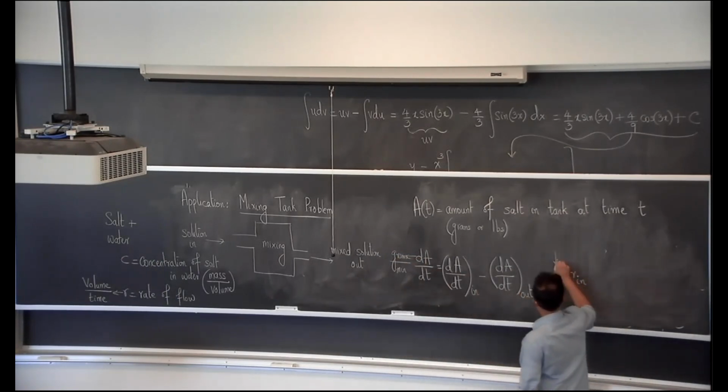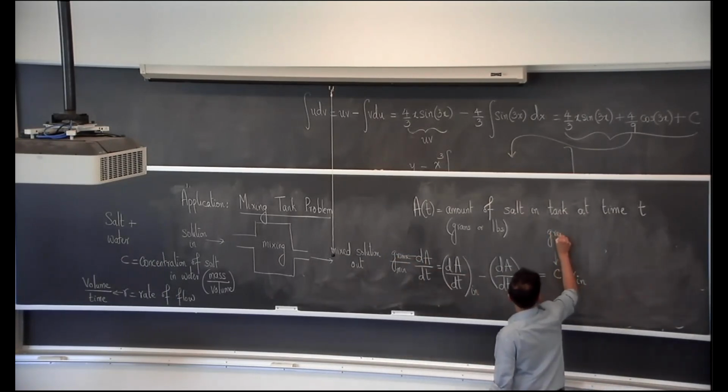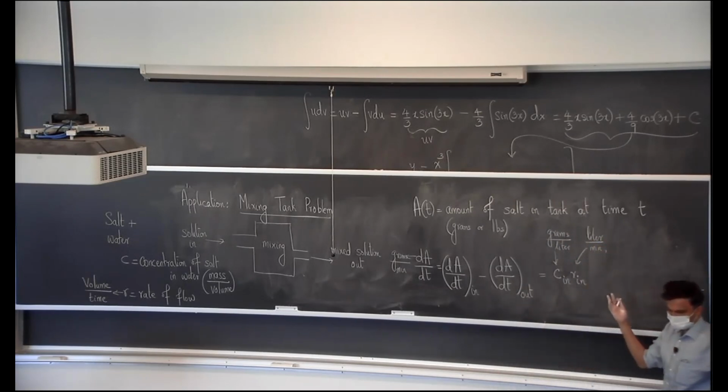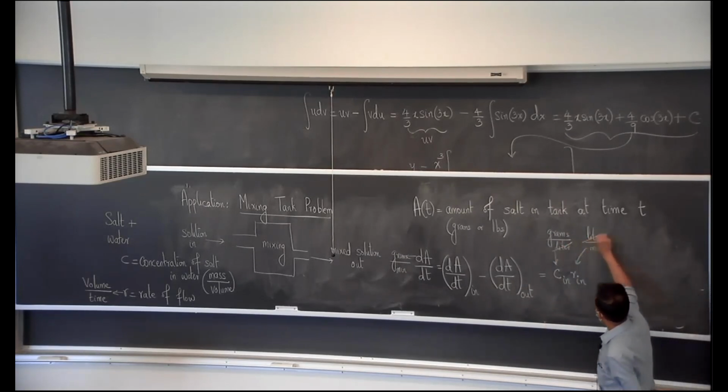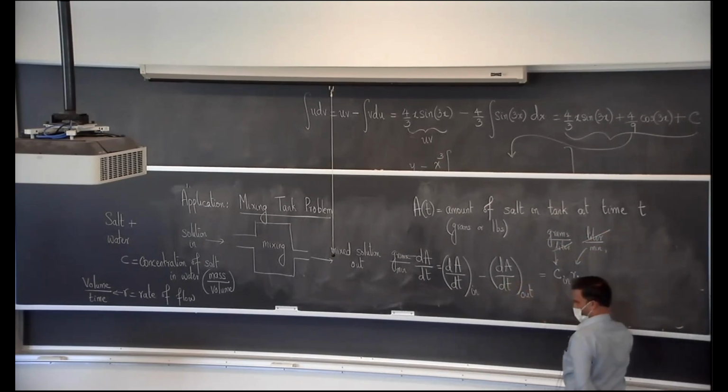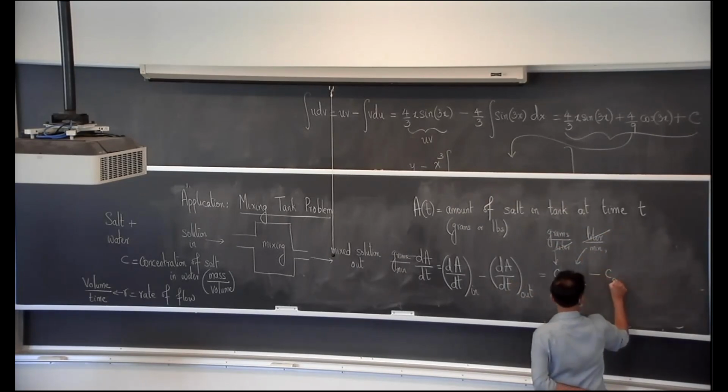So this would be grams per liter, and this would be liters per minute. Liters or gallons, whatever units you want to use. You can cancel the liter and liter, and you have grams per minute. So unit-wise it agrees. And the same thing goes for what is going out. It's going to be minus C out R out.